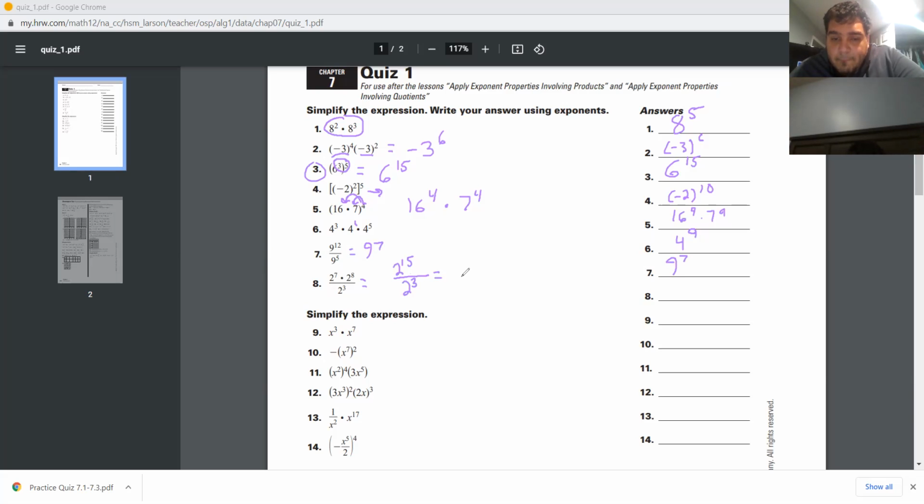And that equals 2 to the 5th. No, you don't divide it. When you do a division, if multiplication causes adding, then division would cause what? Subtracting. So you would do 15 minus 3, so 2 to the 12th, okay?